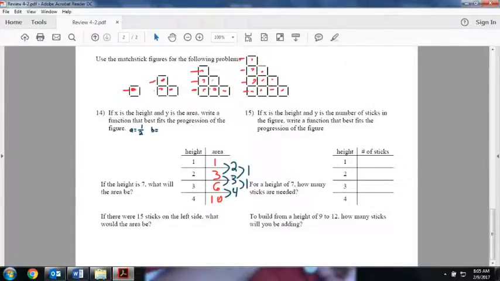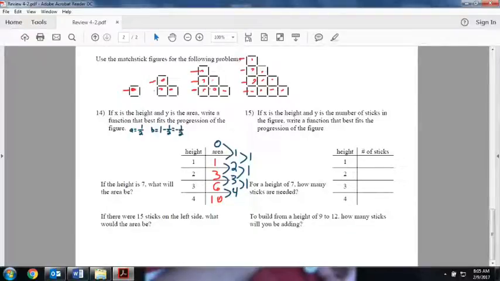B equals your very first difference, which they don't give you. So we're going to have to back up. 2 minus 1 is 1. 1 minus 1 is 0. So our starting point is 0, and our very first difference is 1. So very first difference 1 minus 1/2 equals 1/2.